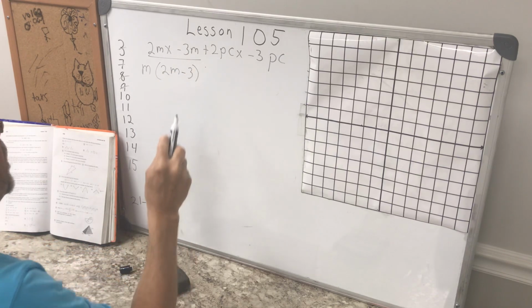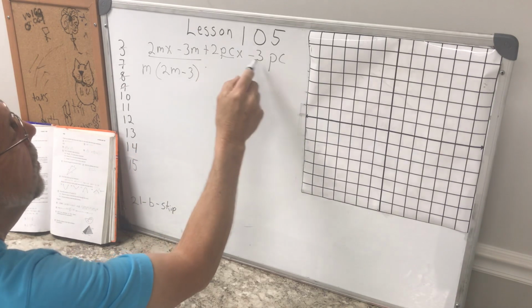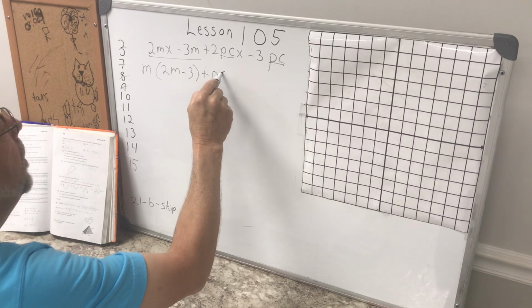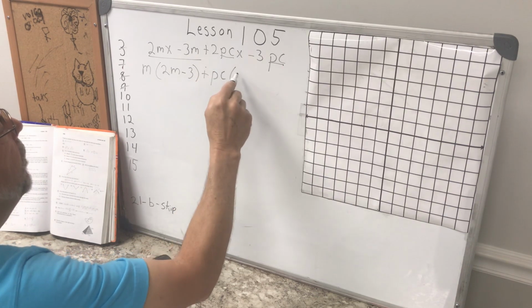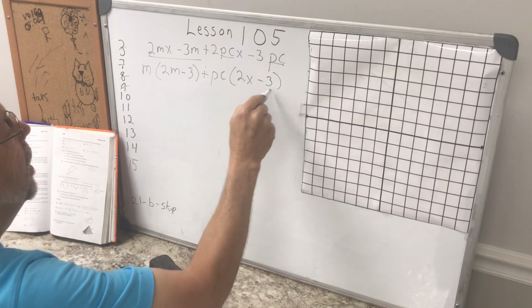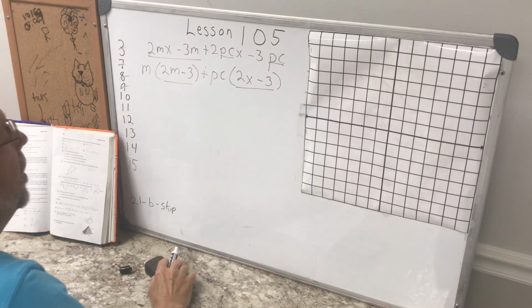Alright, and out of this side, I see a pc and a pc here. We can factor out pc, and what we have left is a 2x negative 3. Are these the same? Yes, they are.